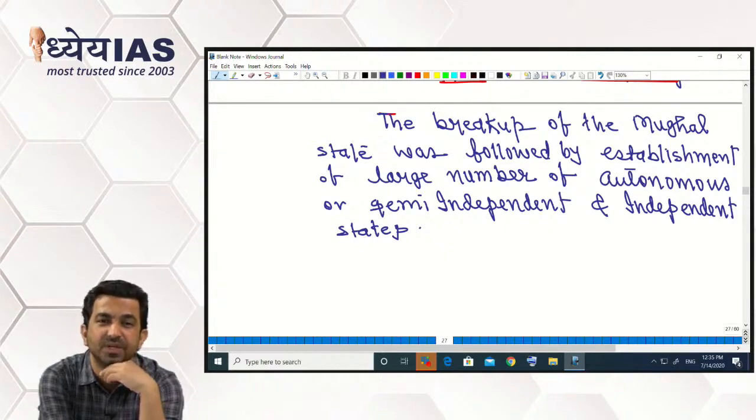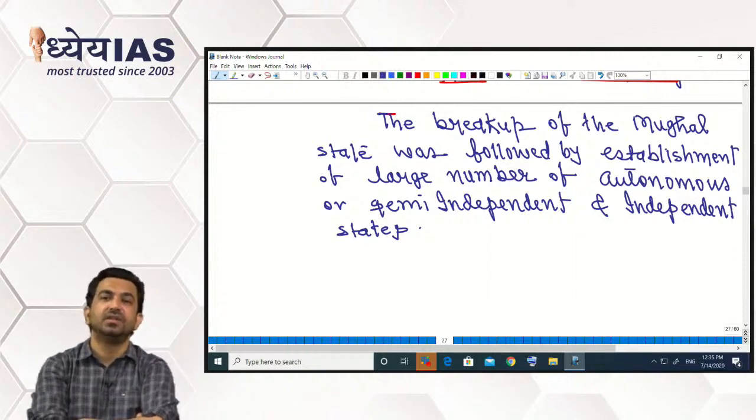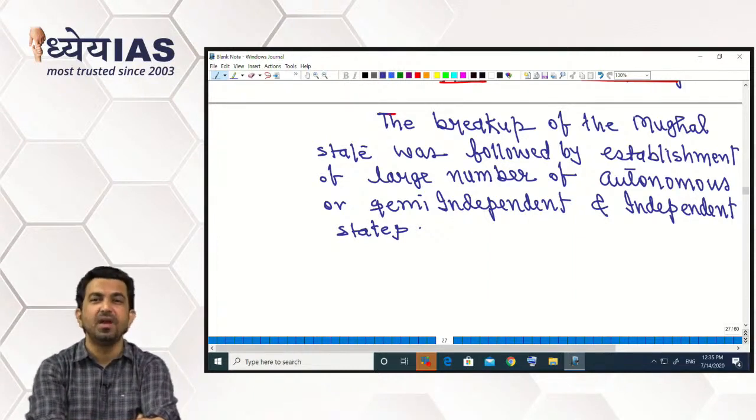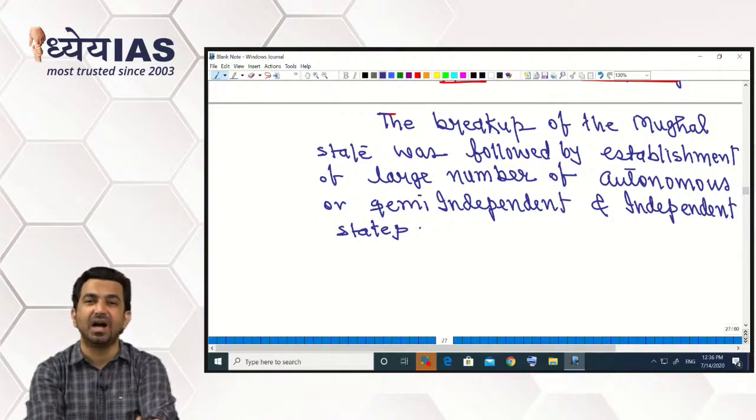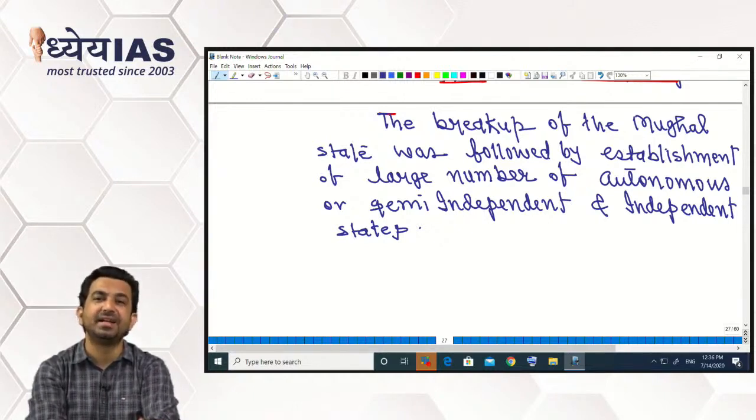Sayyid brothers. Sayyid brothers from Meerut, from western UP. Jahandar Shah was killed by the Sayyid brothers, who extended their support to Farrukhsiyar. The Sayyid brothers, elder brother Abdullah Khan and younger brother Hussain Ali, extended their support to Farrukhsiyar, who became the Mughal emperor.